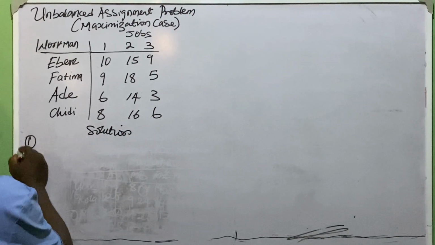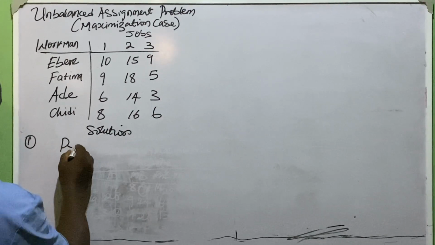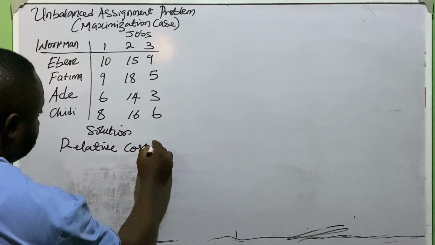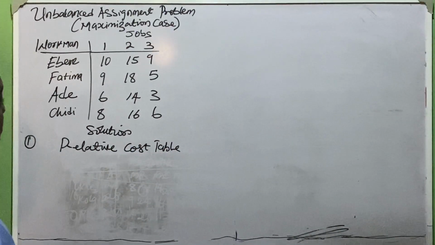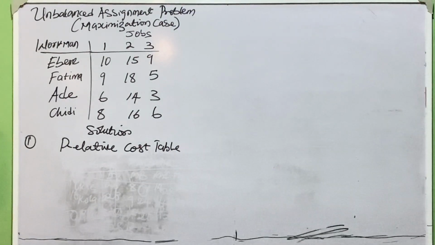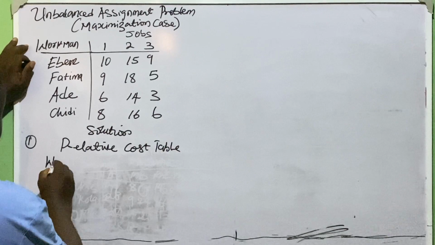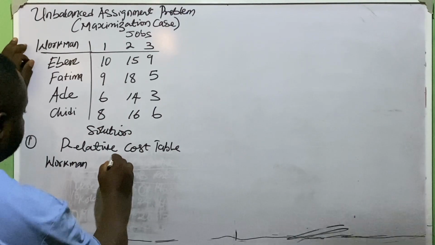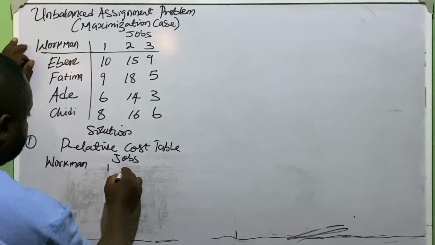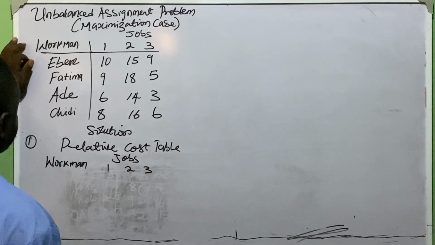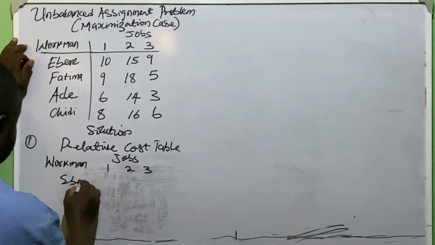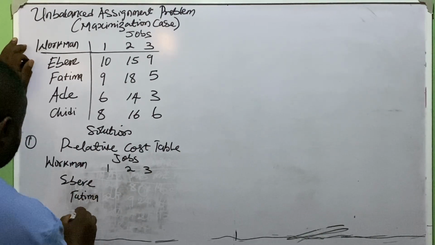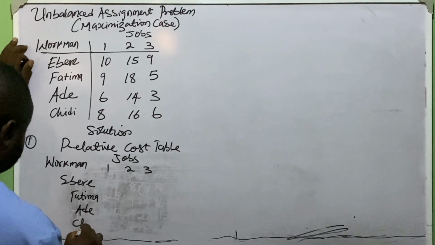Let me do relative cost so that we at least make the payoffs usable. So we have workman, we have jobs, one, two, three, we have Ebere, Fatima, Ade, and Chidi.